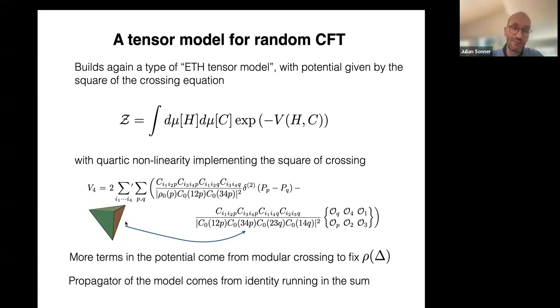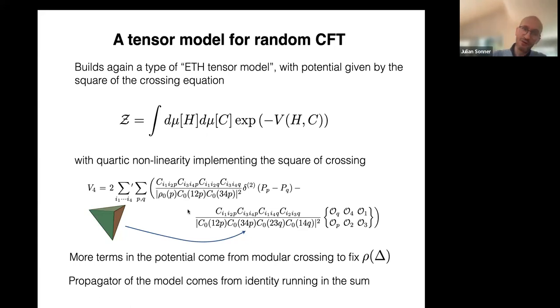And you can actually find a propagator that glues triangles of different vertices together, which I'm not writing out here, but is exactly the same propagator that would have been written down if we had taken the Gaussian model of Collier, Chandra, Hartman, and Maloney as the Gaussian approximation of our model, right? The Gaussian approximation gives you the propagator. We actually get the same propagator. In other words, at the Gaussian level, we get the same model.